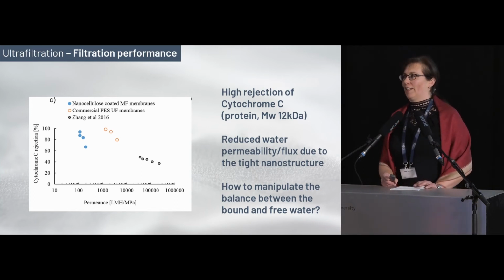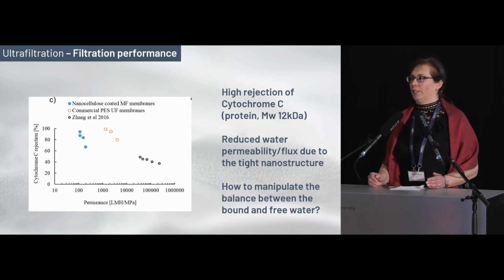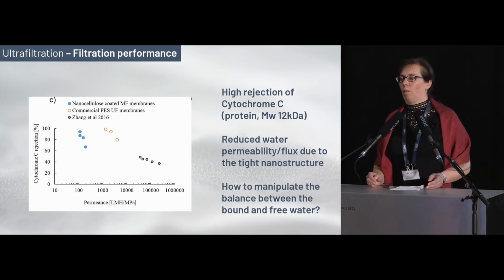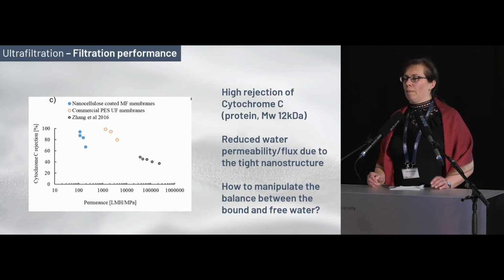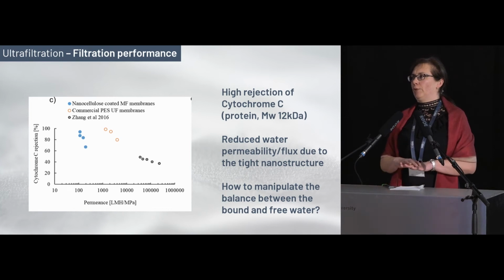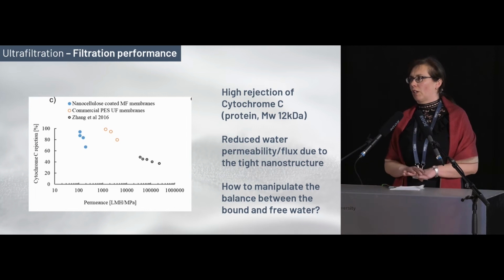Here I think we are dealing with how the porosity is formed, and how strongly these nanocellulose networks are binding the water, because we know that there is a ratio of bound and free water every time we have this type of nanocellulose or cellulose network or cell wall structure.